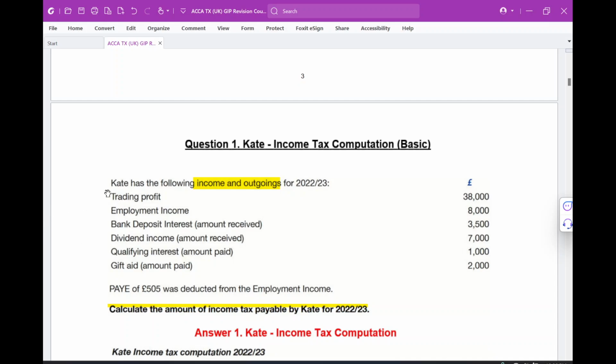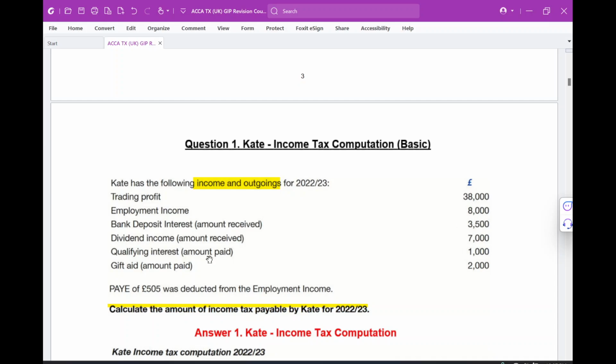So as we scroll down the page here, we see trading income, we see employment income, and then we see bank deposit interest. Now note that in brackets they say amount received. I wonder why they say that. Does that mean that there's some form of deduction at source by the paying institution, the bank, the building society, etc., and perhaps this figure needs to be grossed up in some way?